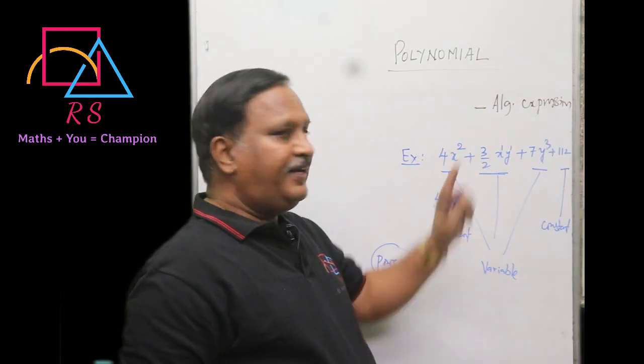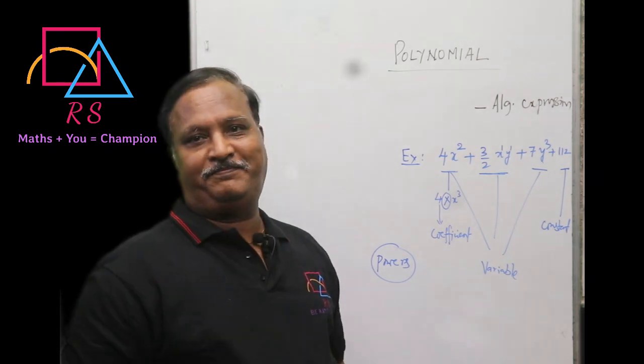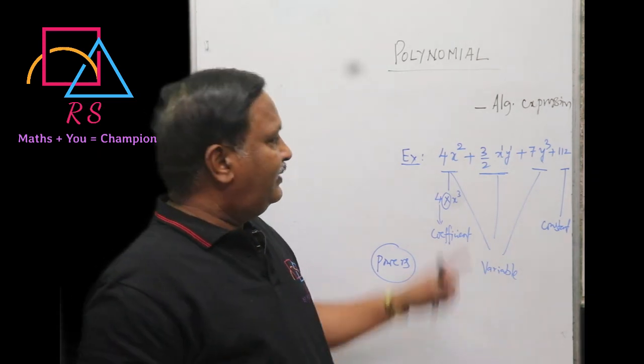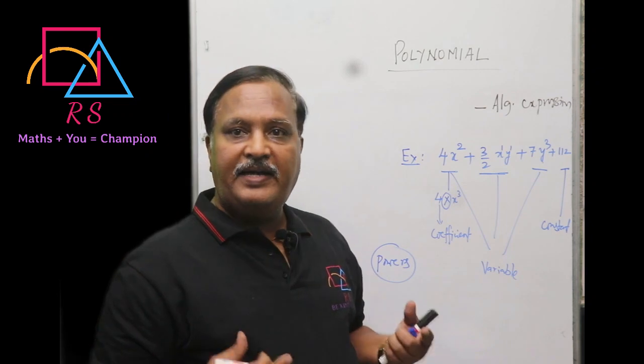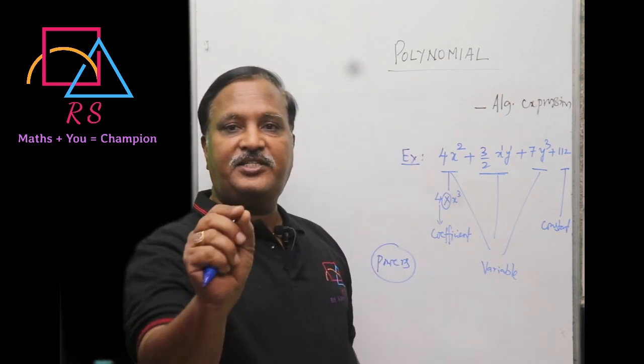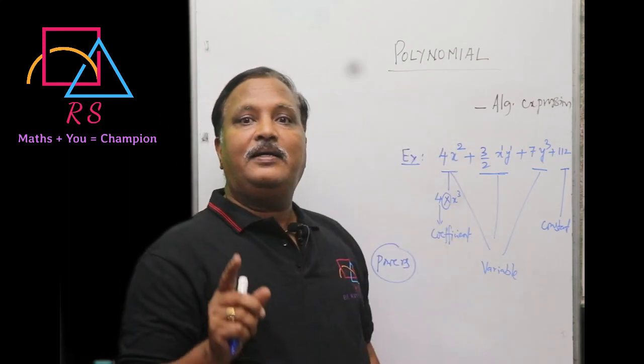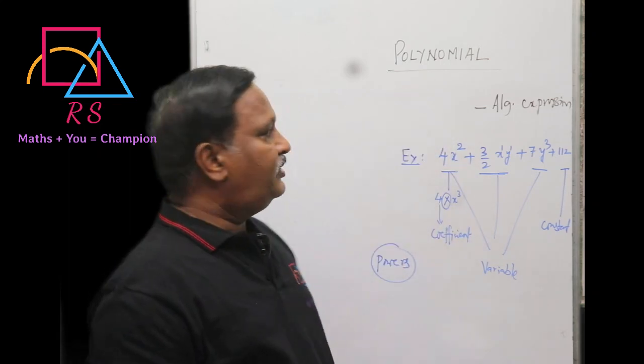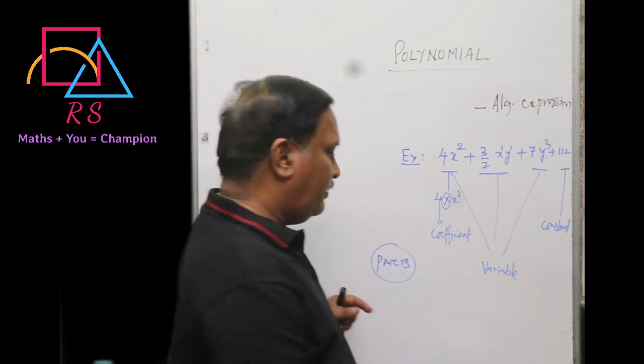So the power of the variable should be a whole number. Then this algebraic expression we call a polynomial. So a special condition is there for a polynomial.